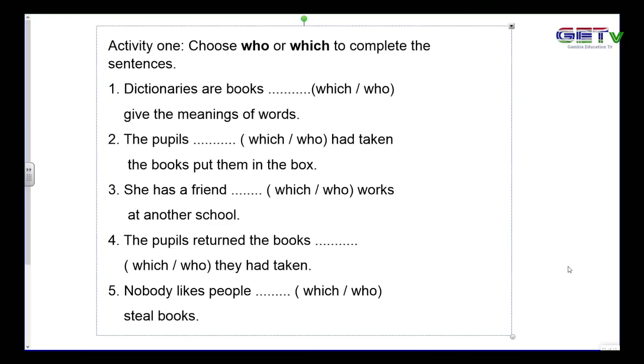Here, books are what? Is it human? No. Thing. So therefore, we take what? Which. We say the relative pronoun which goes with things. The pupils return the books which they had taken.